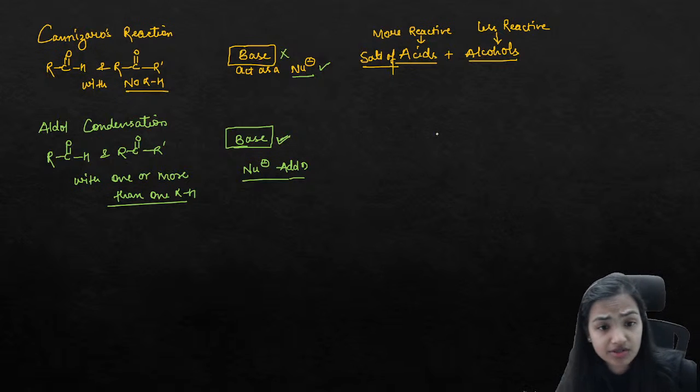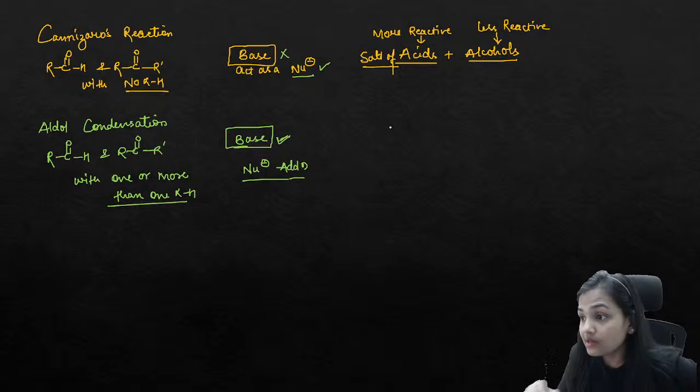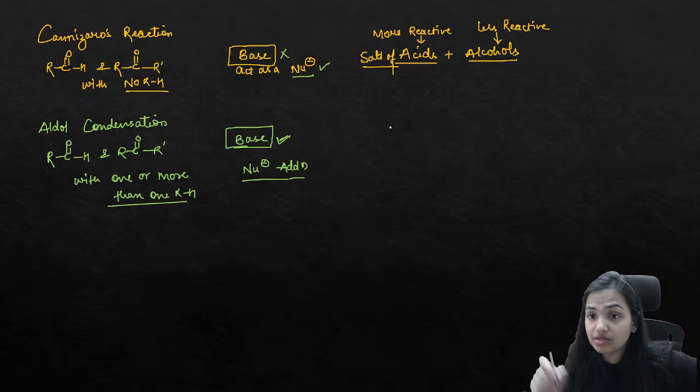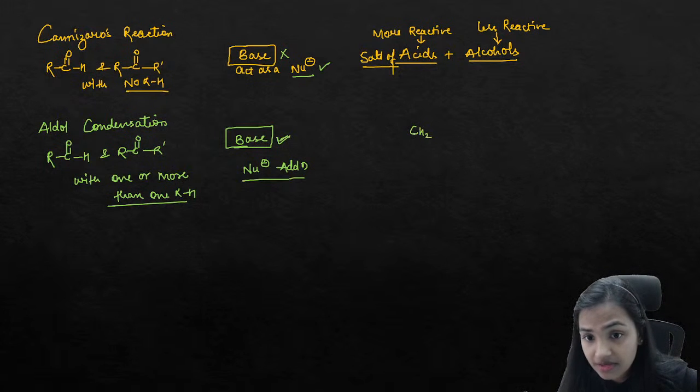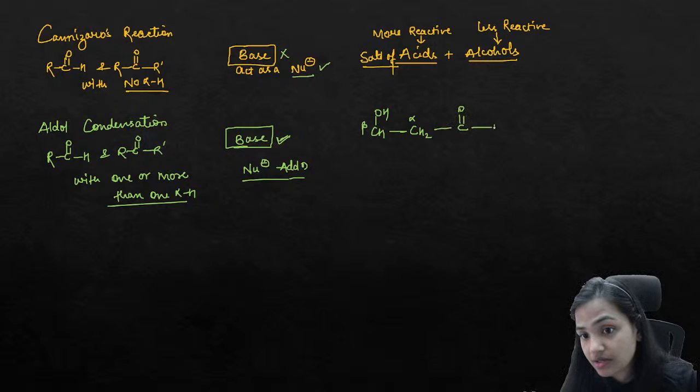So what will be the product formed here? You will be getting a beta hydroxy carbonyl compound. That is, we will be having CH2, let's say this is your alpha, this is your beta, a beta hydroxy carbonyl group.